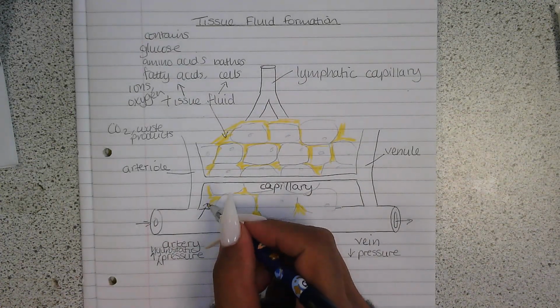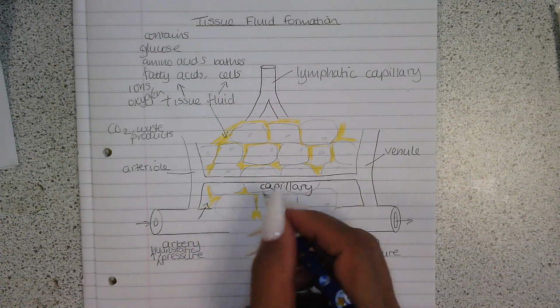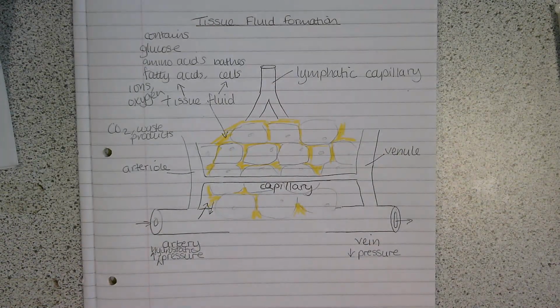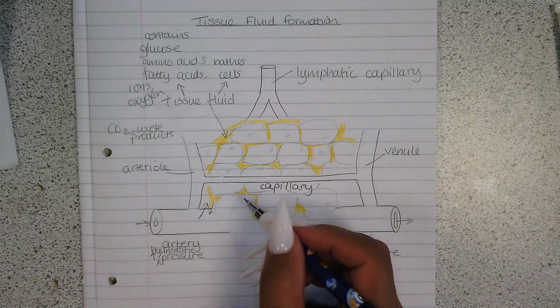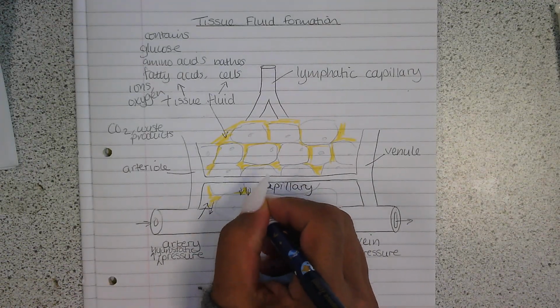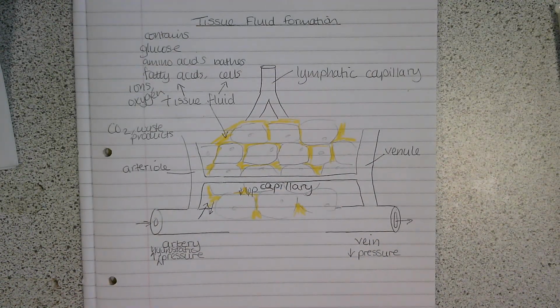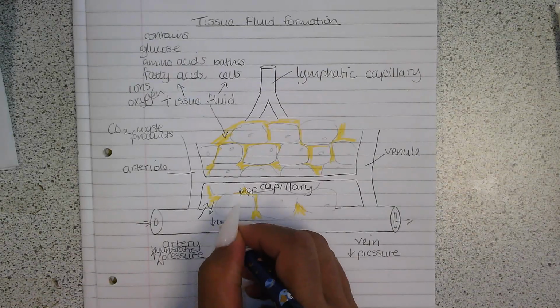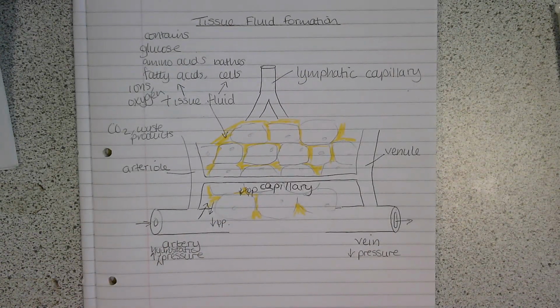So this outward force is opposed by the hydrostatic pressure of the tissue fluid itself. That's going to resist the movement of substances, but also the lower water potential of the blood itself. So the potential for water in the blood is low. So that is going to cause an interaction between the outward pressure and the pressure opposing it.